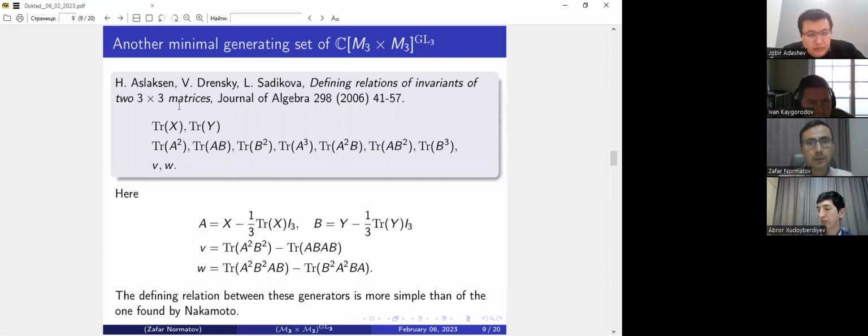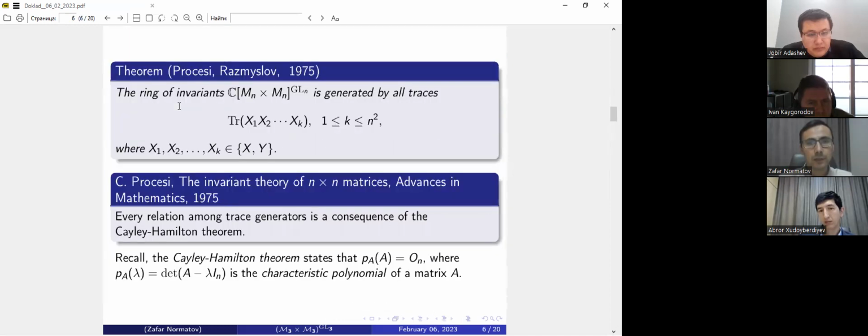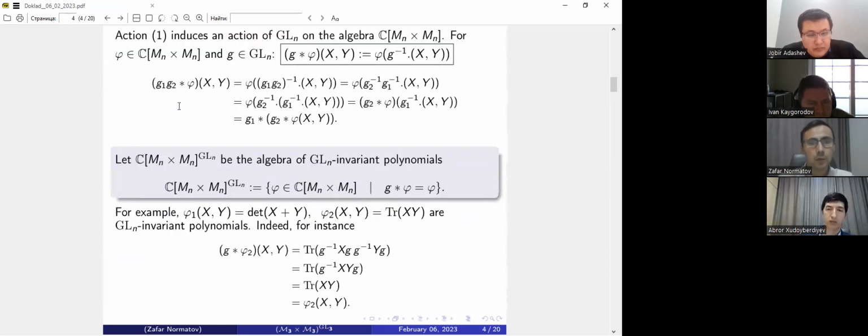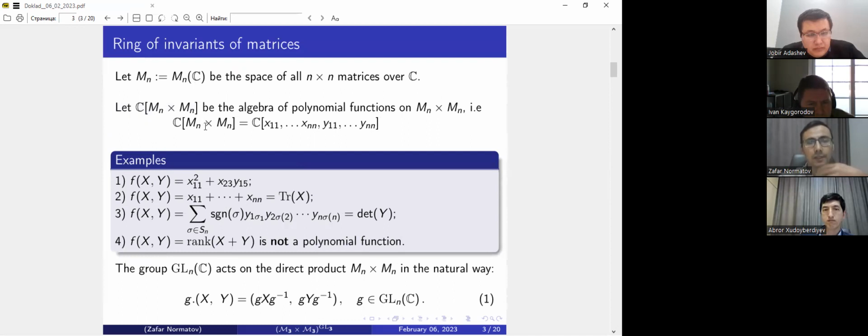So we take two matrices from this algebra, with the condition on the rank of the commutator plus identity.